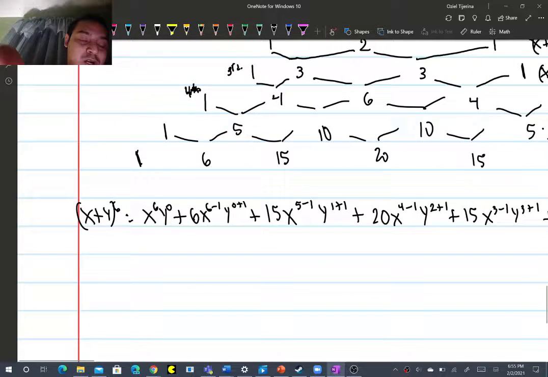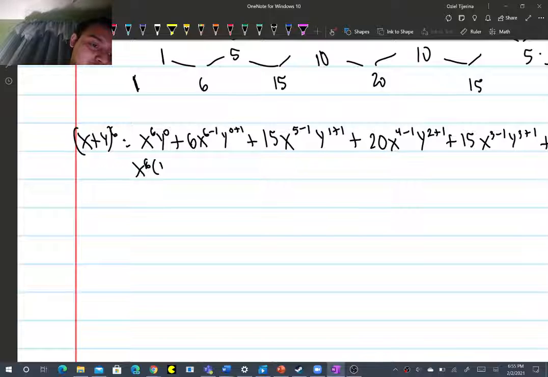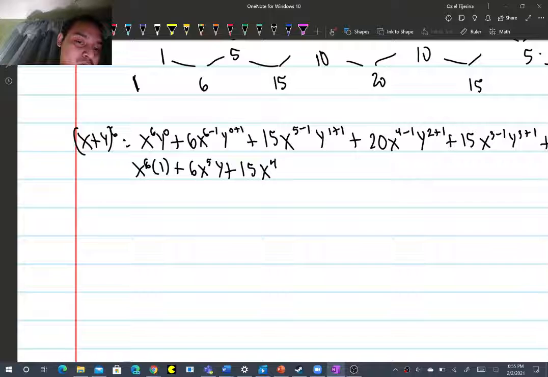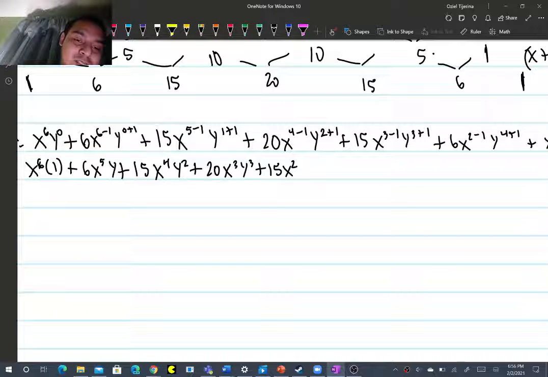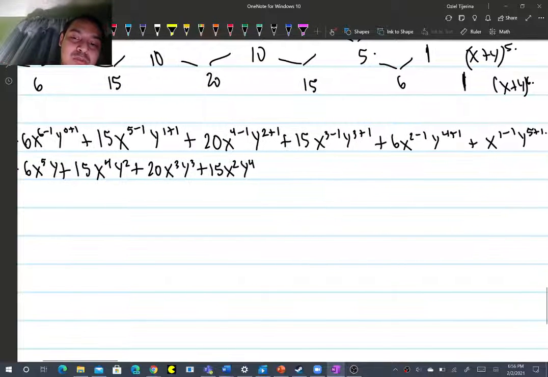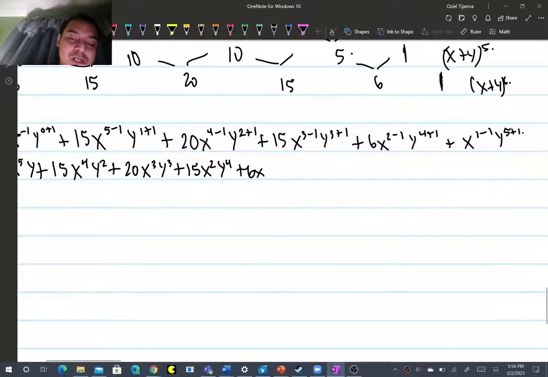Once you work all of this out, you get x to the 6 times 1, plus 6x, 6 minus 1 is 5, so x to the 5th, y to the 0 plus 1, that's just y, plus 15 x to the 5 minus 1 power, that's x to the 4th, y to the 1 plus 1 power, that's y squared, plus 20 x to the 4 minus 1 power, that's x cubed, y to the 2 plus 1 power, that's y cubed, and then plus 15 x to the 3 minus 1 power, that's x squared, and y to the 3 plus 1 power, that's y to the 4th, and then plus 6x to the first power, which is just 6x, because 2 minus 1 is 1.